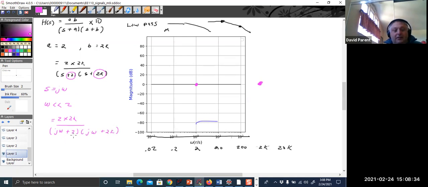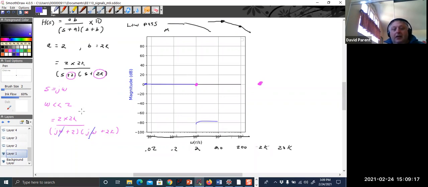So if omega is a lot less than 2, it's a lot less than 2k, and it drops out. And I'm left with 2 times 2k divided by 2 times 2k, which is 1. 20 log of 1 is 0 dB. So I start off here, right? And I know that with the asymptotic plot, it's just going to stay there at whatever value you calculate until you get to the pole.